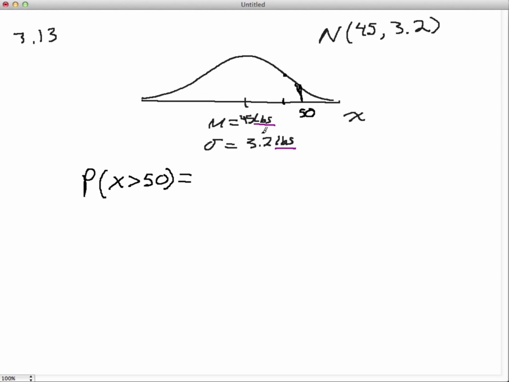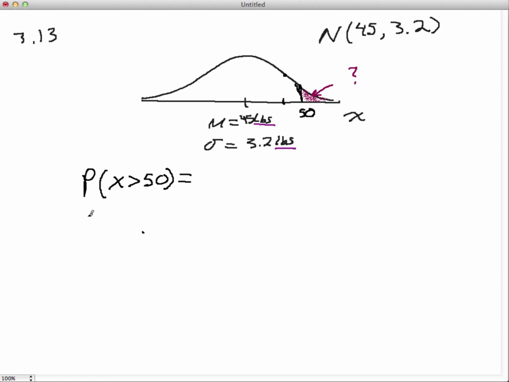And what we want to know is what proportion are greater than that. So we're looking above that. So the shaded region right here, this shaded region is what we're looking for. That's what we want to know. In other words, we want to know what is that shaded region right here. Okay, so to calculate that, hopefully at this point it's getting a little bit easier.